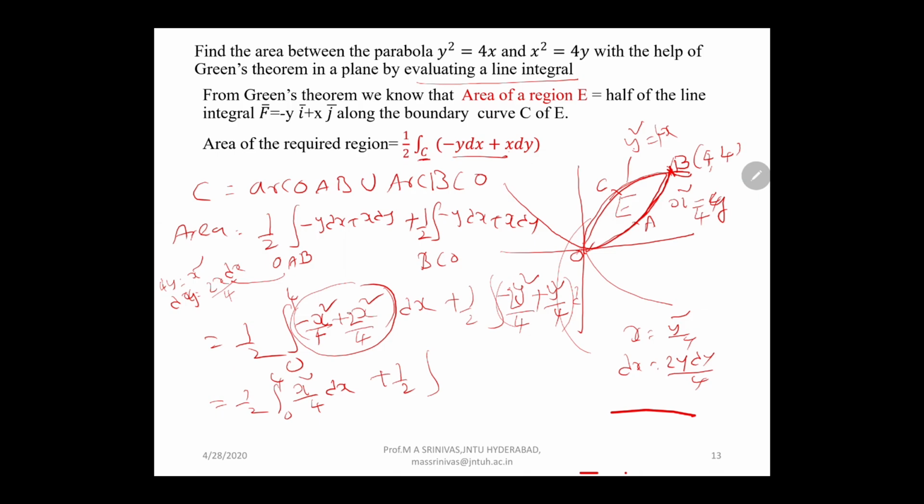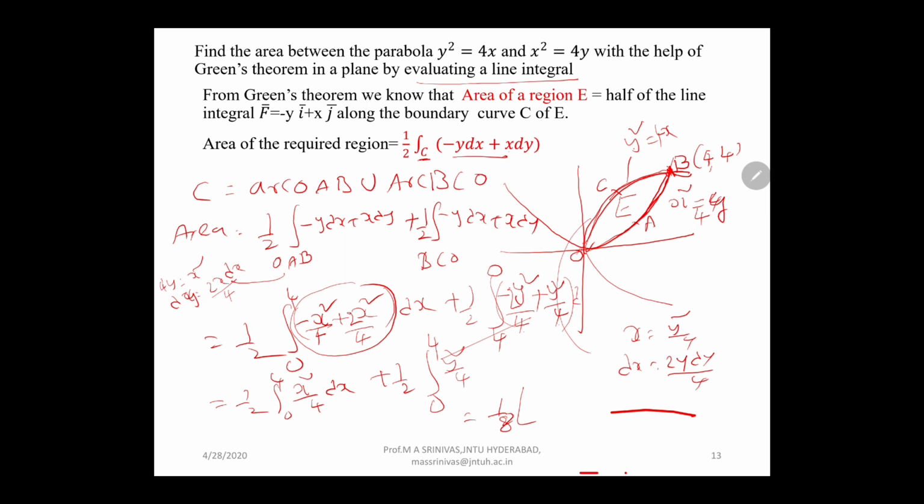So this is plus half of, and now here the limits for y. From here to here, the y limits are from 4 to 0. If I make it 0 to 4, minus 2y square by 4 plus y square by 4 is minus y square by 4 because I changed the limits. This becomes y square by 4. If I integrate, half I can take common, into 1 by 2 into, that is 1 by 8, 4 into 2, here also 4 into x square integral is x cube by 3.